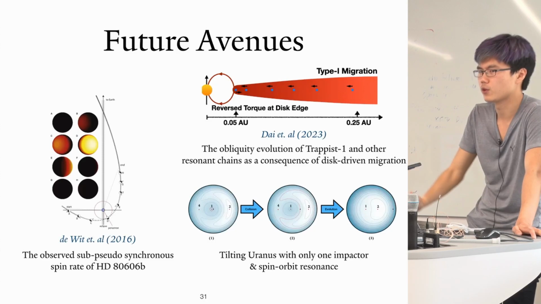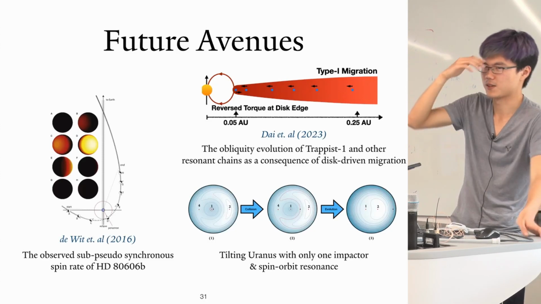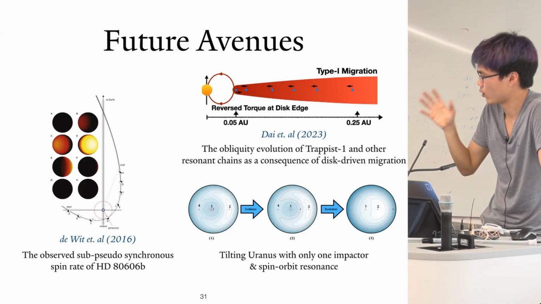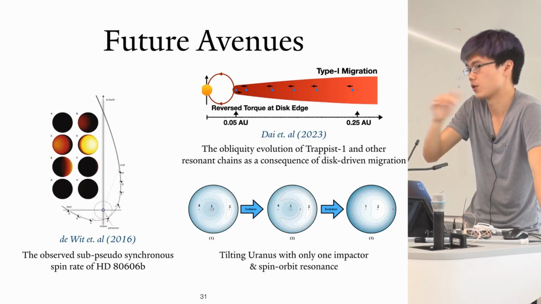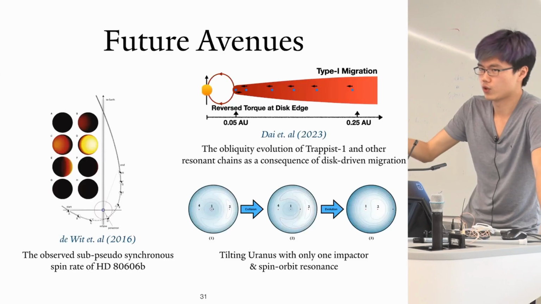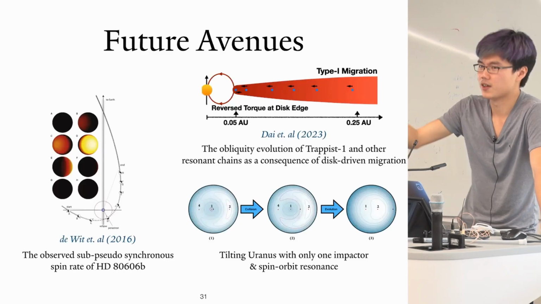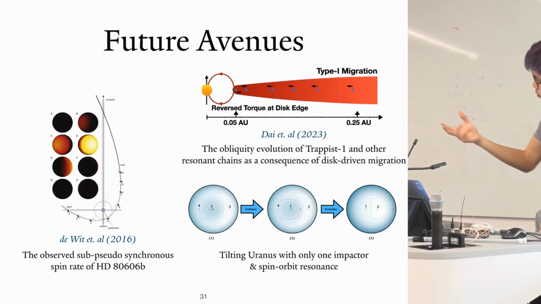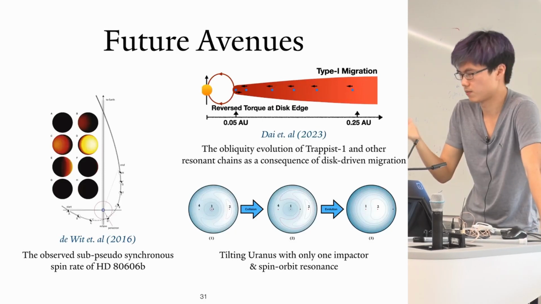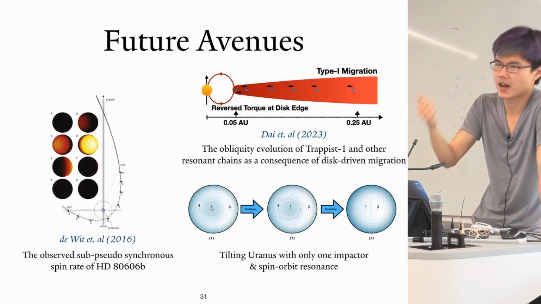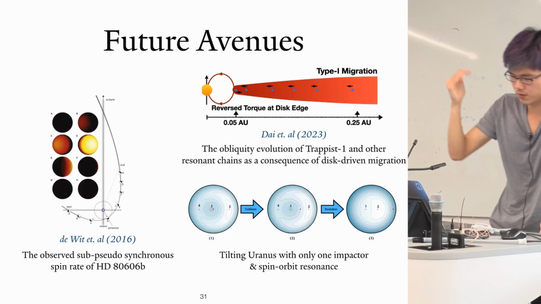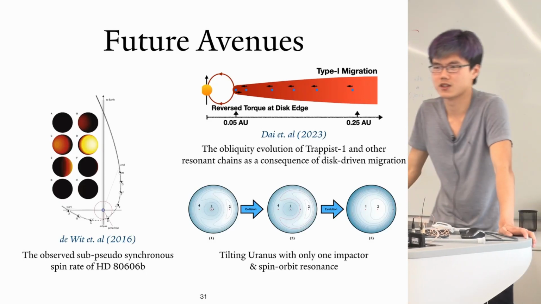But the problem with it is Uranus' satellite system. Morbidelli in 2012 showed that if you had one impactor tilting Uranus over from 0 to 98 degrees, the satellite system would orbit the opposite way from what is currently observed. So Morbidelli proposed a two-step process where two impactors, one brings it halfway and the second brings it to 98 degrees, which, while still possible, is obviously a lot less likely.